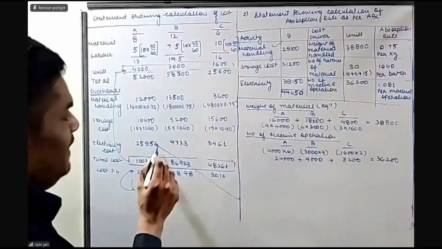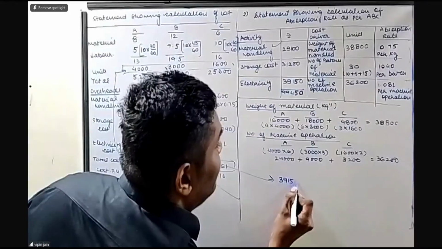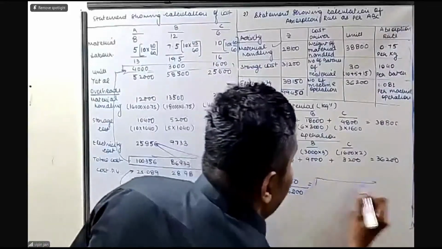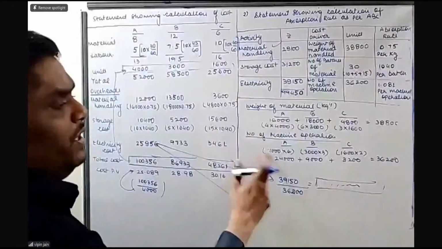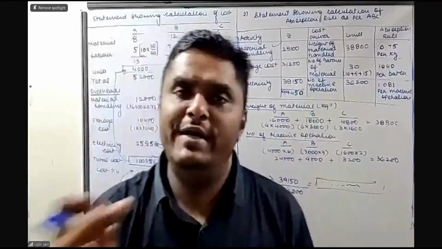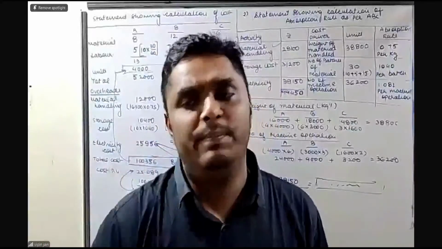See, ultimately, when talking about this figure now, I have taken 39,150 divided by 36,200. Whatever the figure, the long tail decimal, into 4,000, into 3,000, into 1,600. But if you multiply 1.081 directly with 24,000, 9,000, 3,200, this approach is also correct.